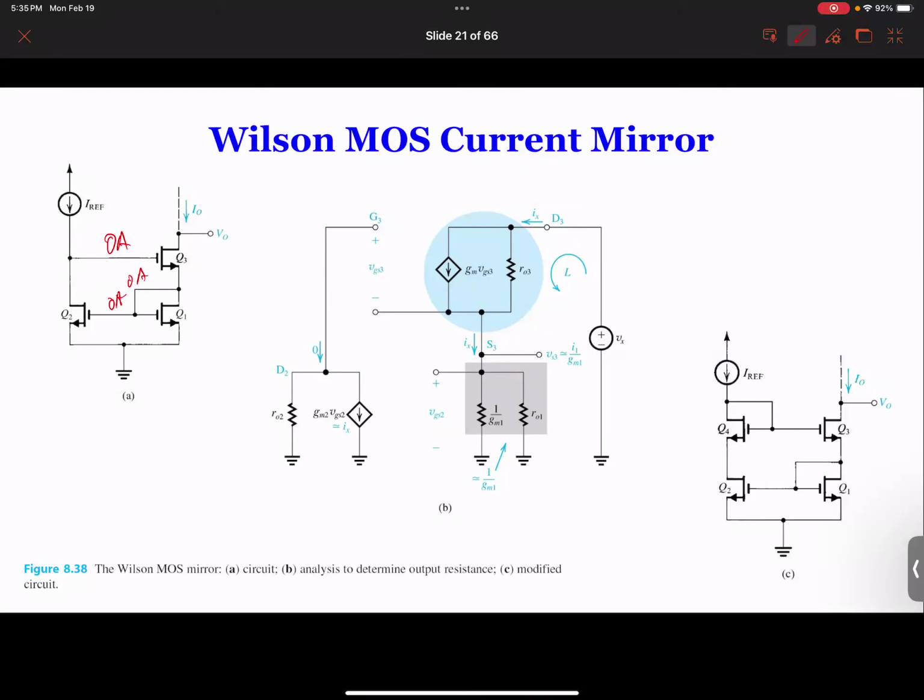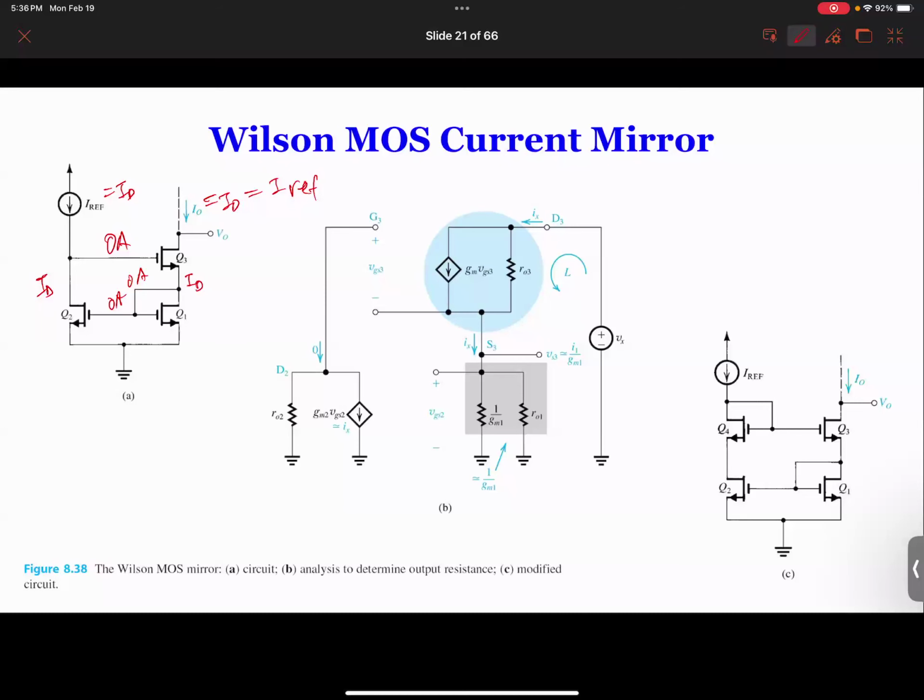And the bottom is a current mirror, which means the current over here, if you call it ID, is the same as the current ID over here. And since there's no current in the gate, this IO equals ID, which also equals I reference. So everything eventually equals I reference. That's how this works. Every current is the same.